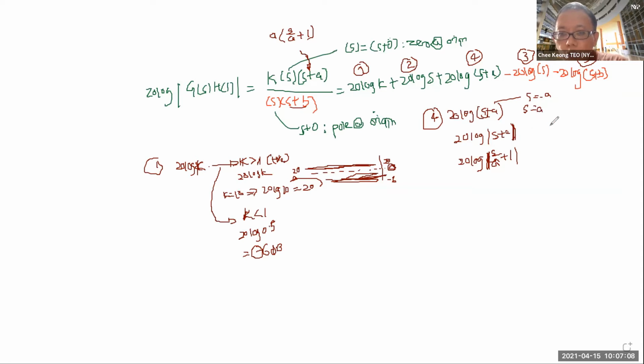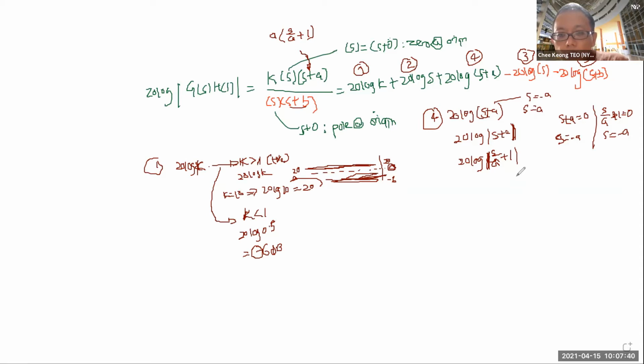Because to find the root, s plus a equals 0, so s equals minus a. If you take s over a plus 1 equals 0, then s is also equal to minus a. So it's the same thing, right? You can see that both of them give you the same result. That's why the roots are the same.